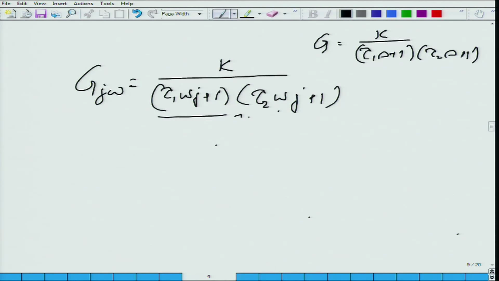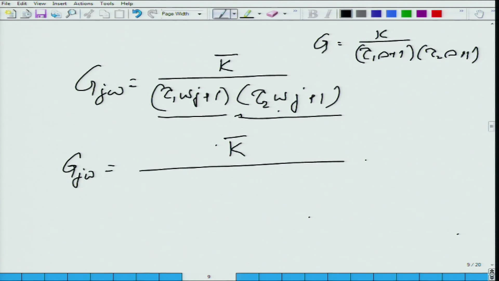Treat this as one complex number, this is another complex number, and this is another complex number which is real. Okay. So, then the total product G(jω), express each of the complex numbers in their respective polar forms, this will be e to the power 0 j.